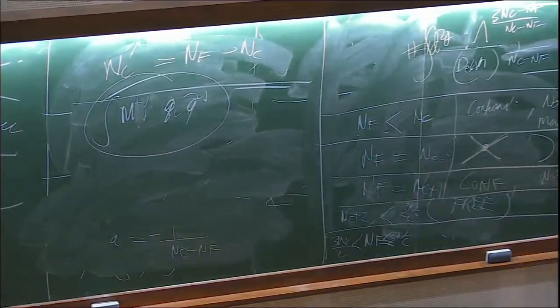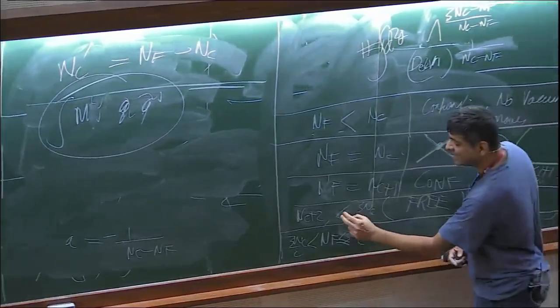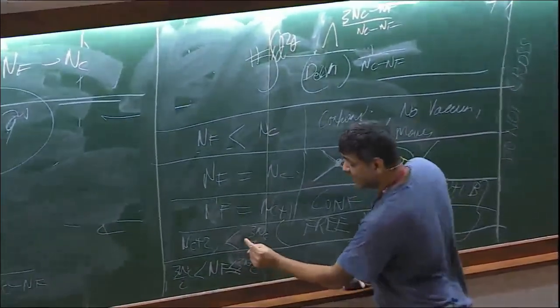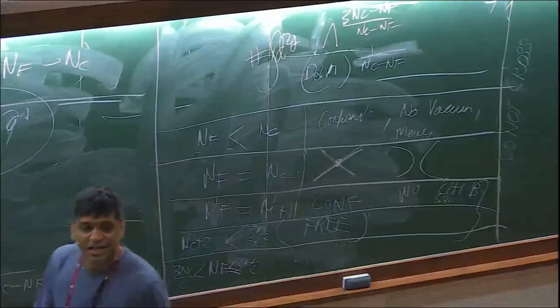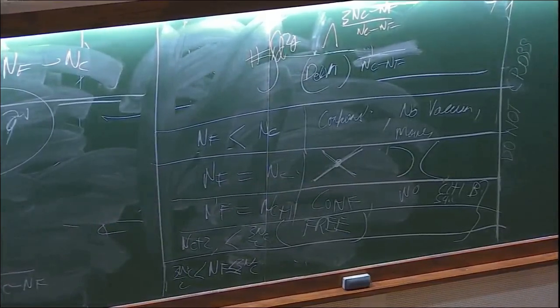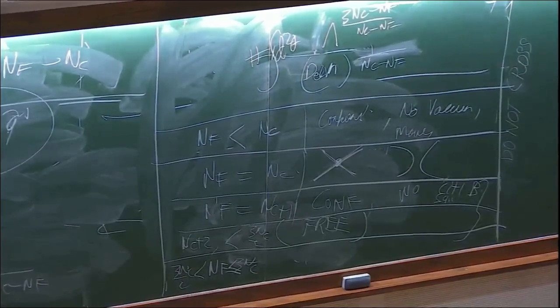Namely, NF is near 3NC prime. Moreover, this region, where the theory is free in the original description, is a phase in which the dual description is not asymptotically free. It's just free in the IR in magnetic variables, and that's what gives you the free description.